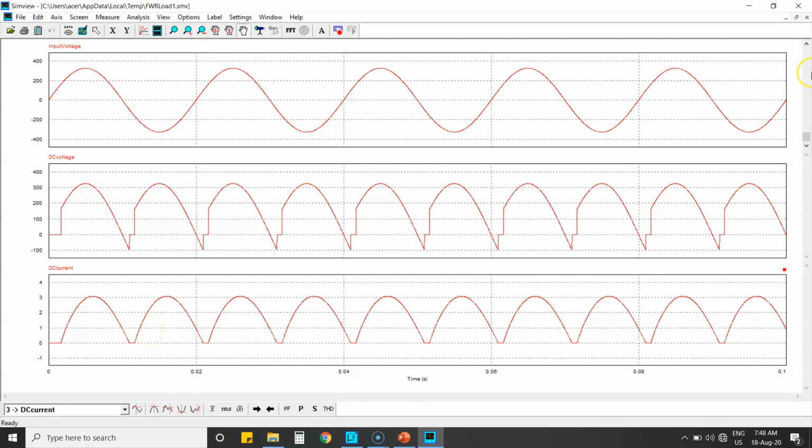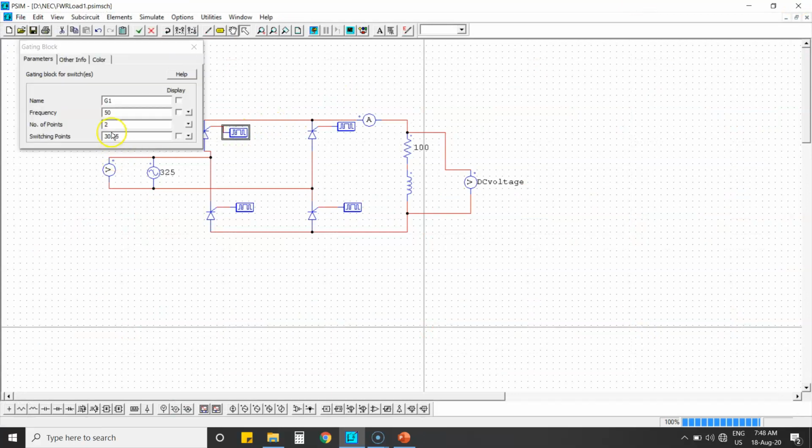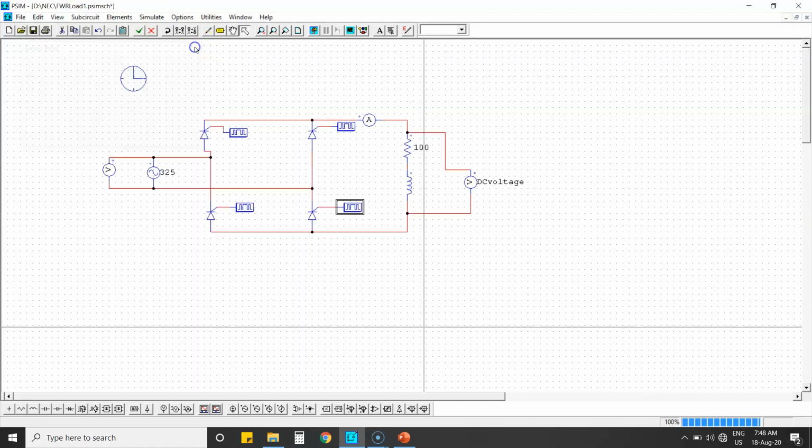For this we can change the firing angle. Now let us try with a firing angle of 60. So it should be 60, 65, and here also it will be 60 and 65.